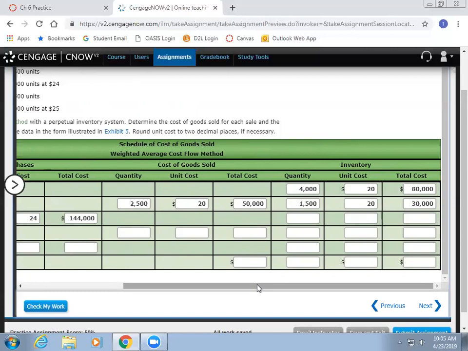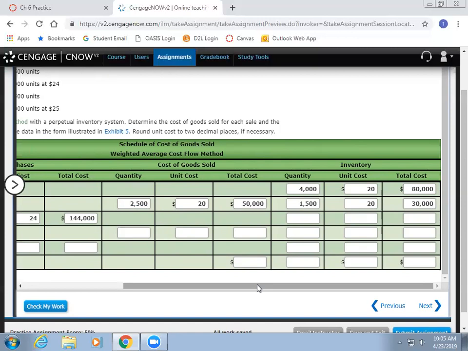So what they want us to do is just come up with a weighted average, okay? Well, to do that, I'm going to total up. I have a total of 7,500 units, so that's my total units. And then I'm going to get my total cost, which is $174,000. To get the average price per unit, you take your total cost divided by your total units.